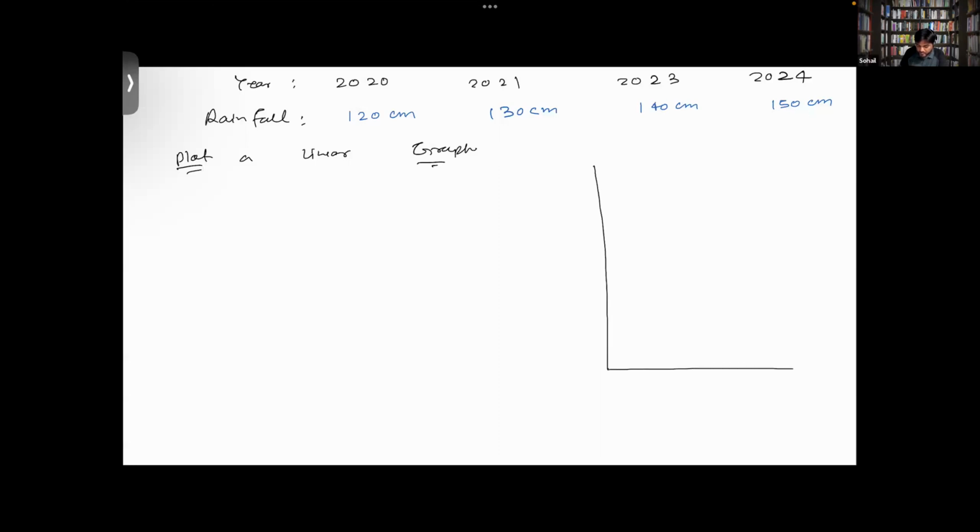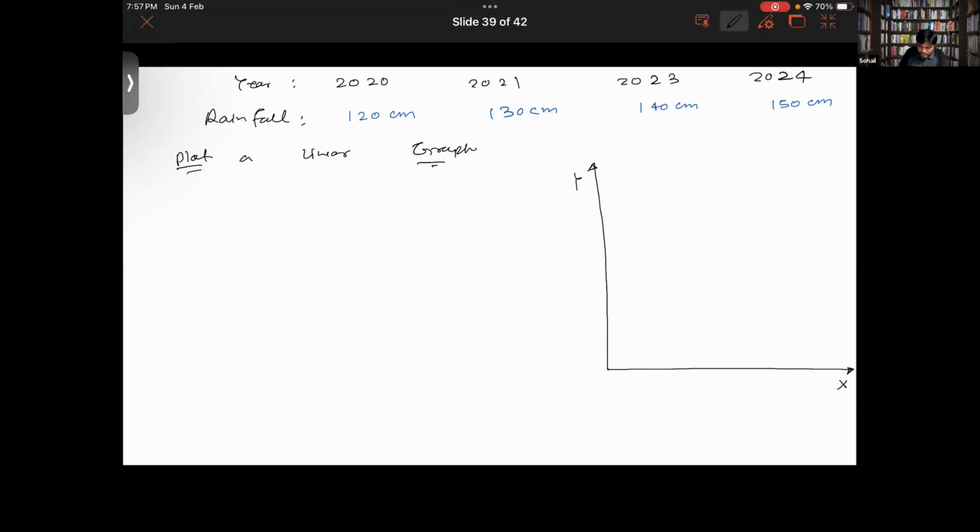Try doing this one. This is the x-axis, this is the y-axis. Here you will be plotting years, here you will be plotting rainfall.